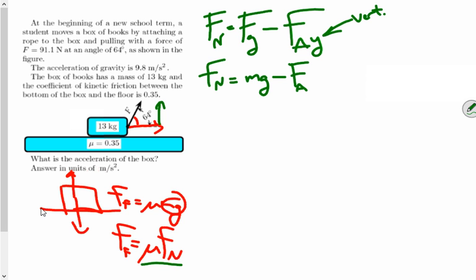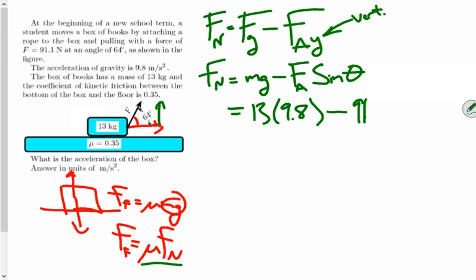Remember when we did components and SOHCAHTOA and all that stuff? We said anything vertical would be sine theta. So this would be force applied, FA, times sine theta. All right? Or mass 13 times 9.8 minus my force applied, 91.1, times sine of 64 degrees.